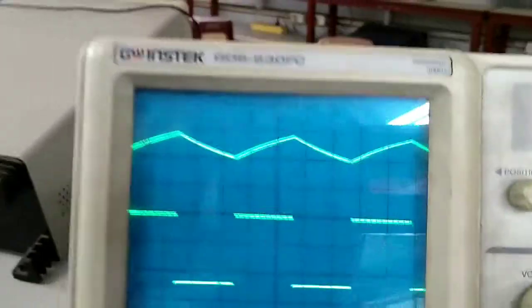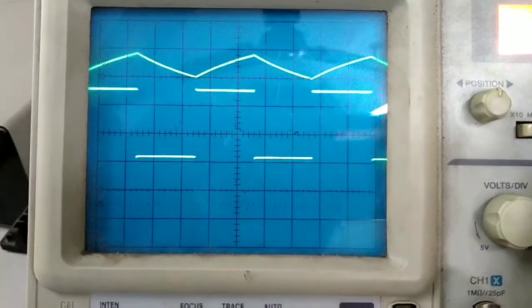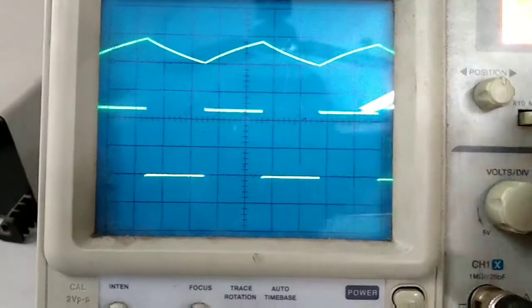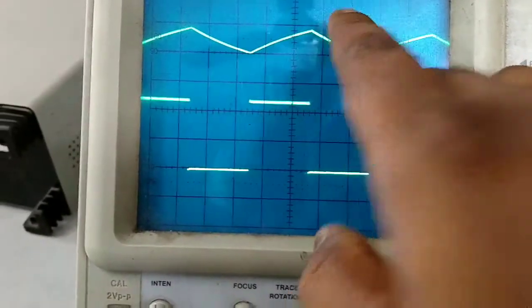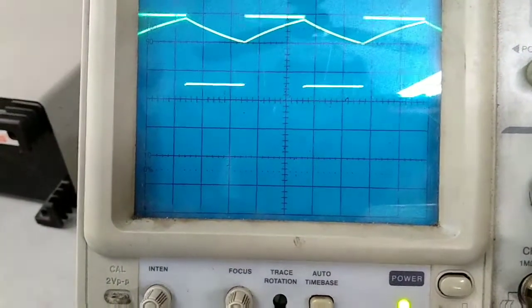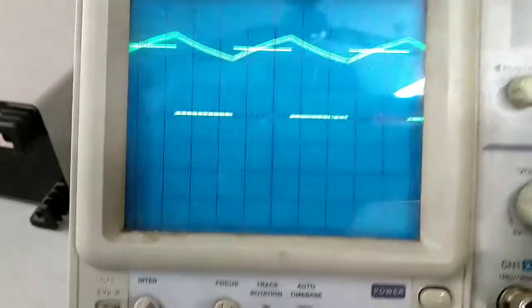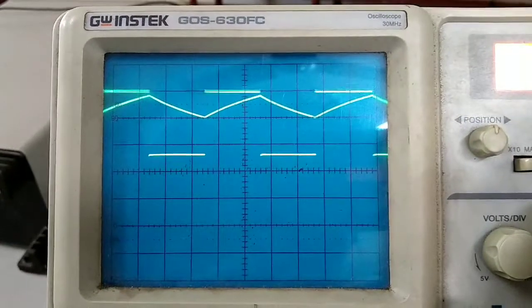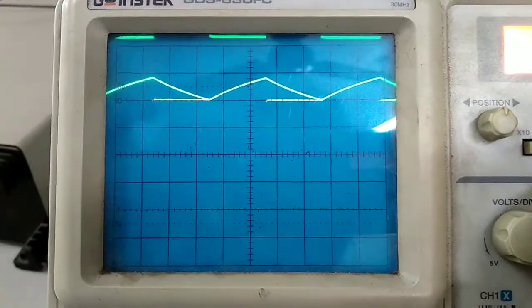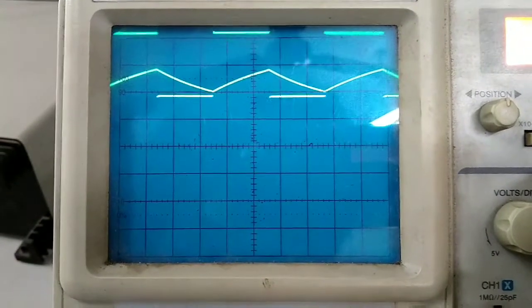And see, if we analyze the circuit, when the capacitor is charging, when the rise is coming, then we get the on time. The starting of the rising and the ending of the rising is on time, and off time is the starting of the fall and the ending of the fall.